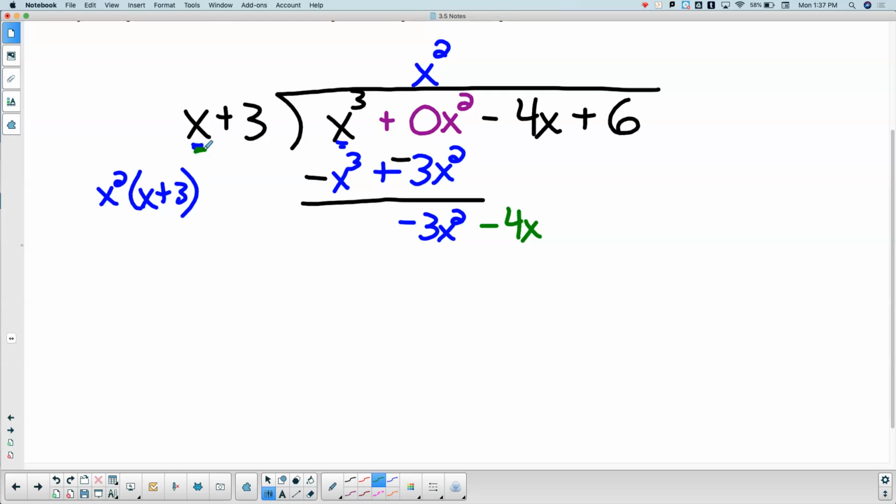X now needs to look like negative 3x squared. Excuse me, negative 3x squared. What do I multiply by?